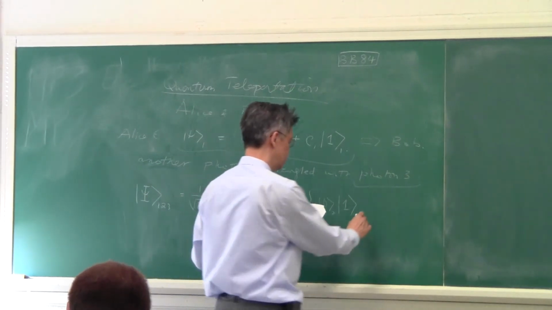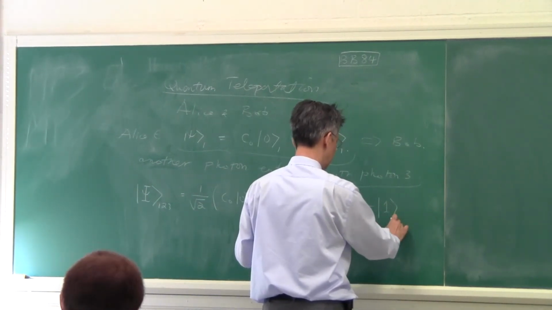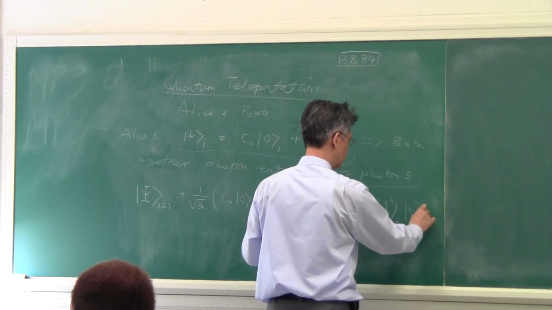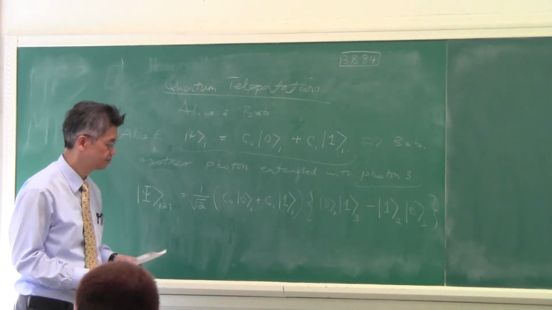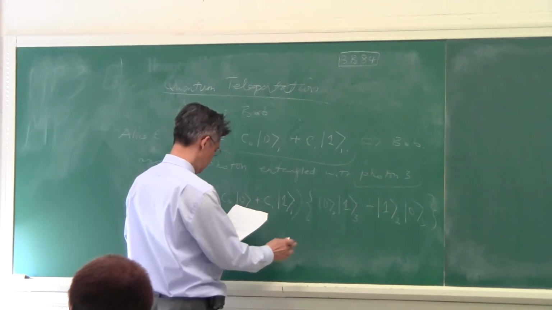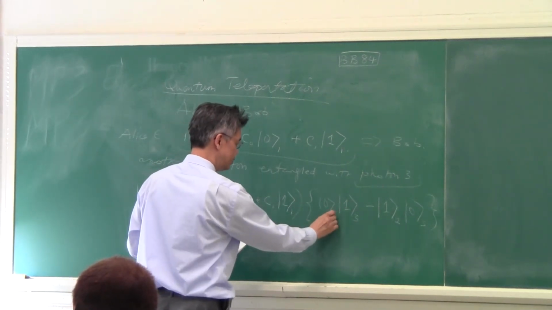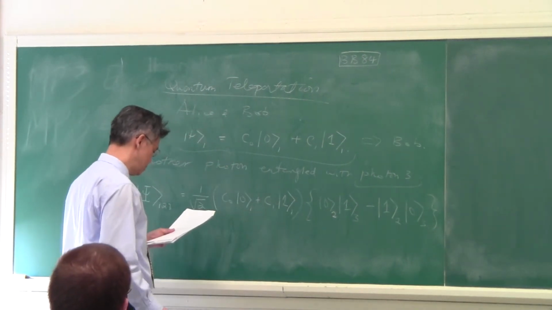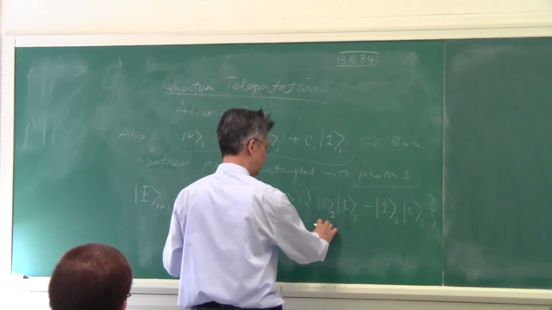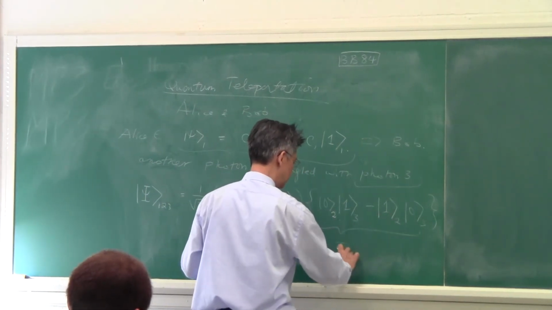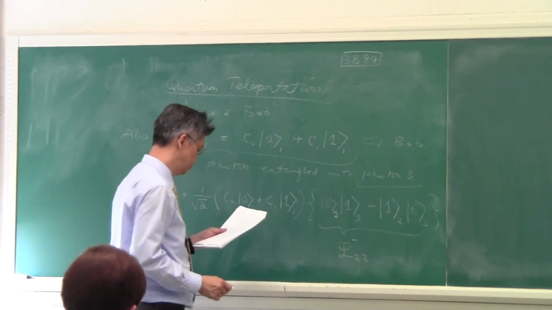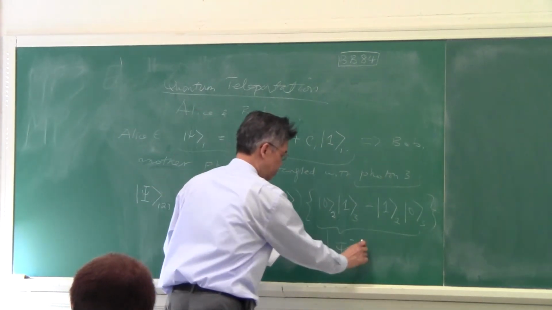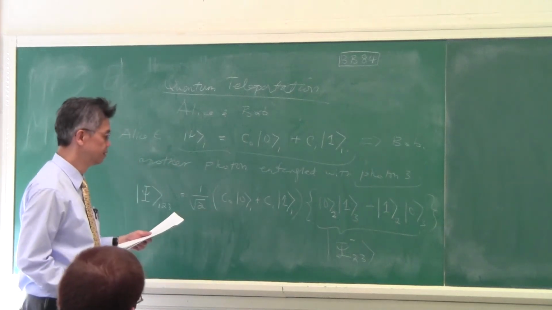And this is actually a Bell state, the psi minus state, one of the Bell states. Photons 2 and 3 actually belong to that.